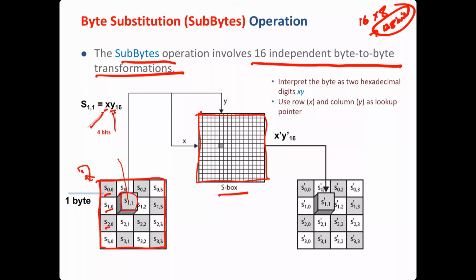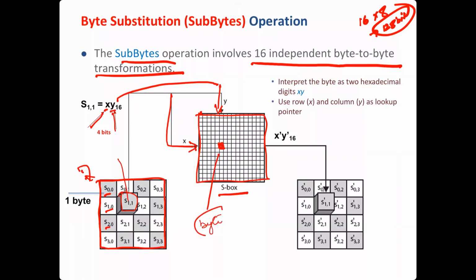From the first 4 bits we define a row number, and from the next 4 bits we define a column number. At this point, row X and column Y, we take this data out, which is again a byte.